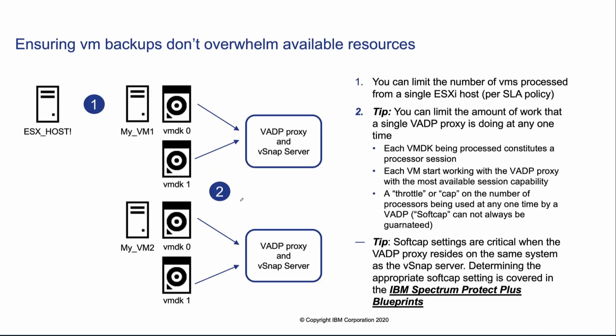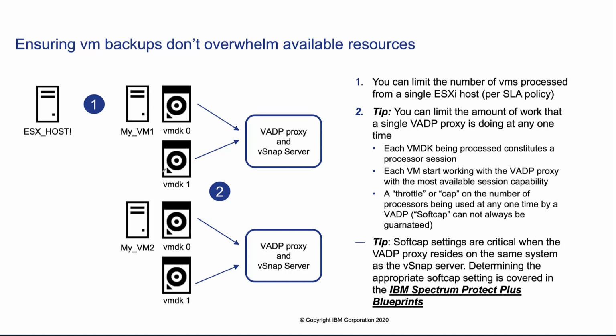So there are a couple of tuning capabilities you have, and the objective is to ensure that the VM backups don't overwhelm your available resources. First, you can limit the number of VMs processed from a single ESXi host at any one time. So you can say, from any host at any one time, I'm only backing up 3 virtual machines or 5 virtual machines.